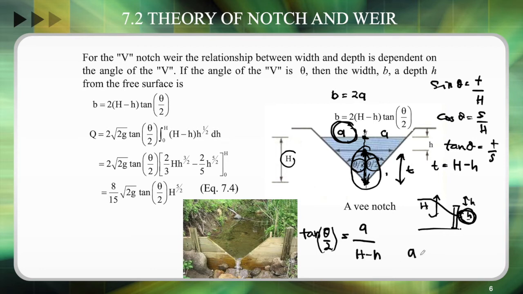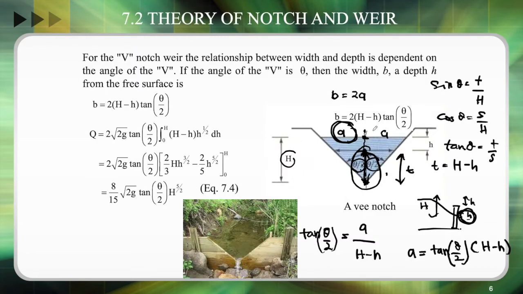So to find A, tan theta over 2 times H minus h. We do have this equation. So to find B, the width of this notch, we have to multiply by 2, because both of these A have the same length.